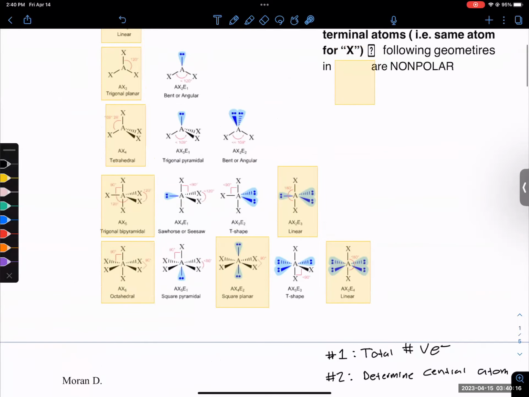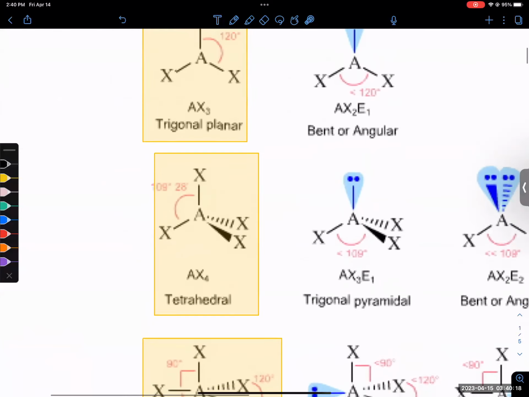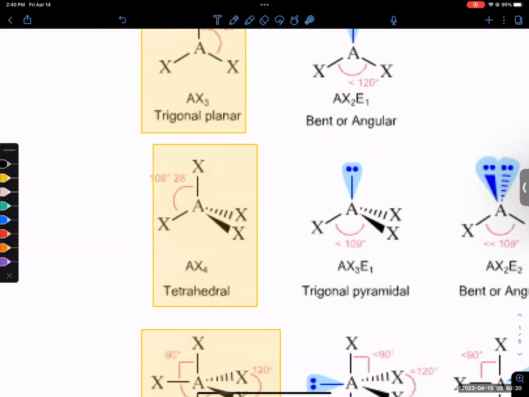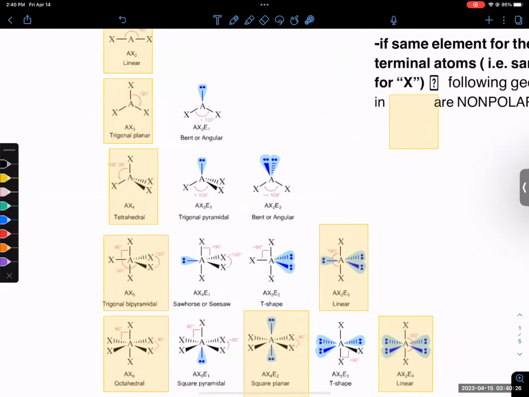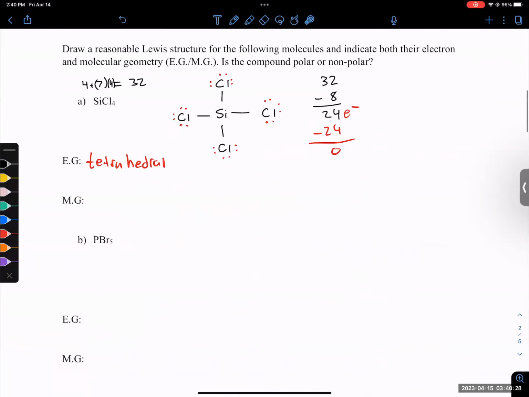And that goes to a tetrahedral electron geometry. And because we have no lone pairs, our molecular geometry is also tetrahedral. So that would be the answer for both, the electron and molecular geometry.